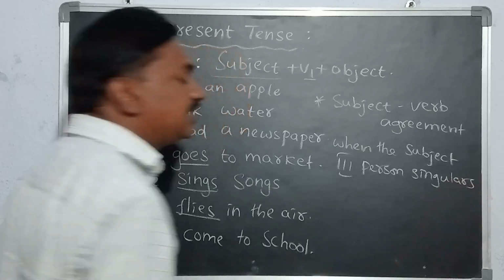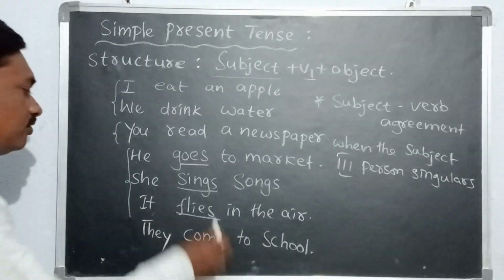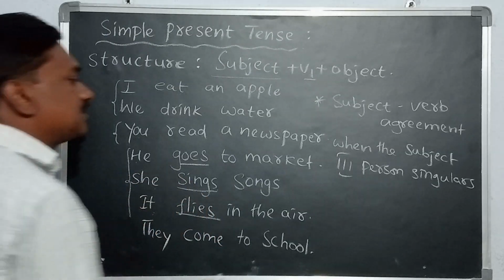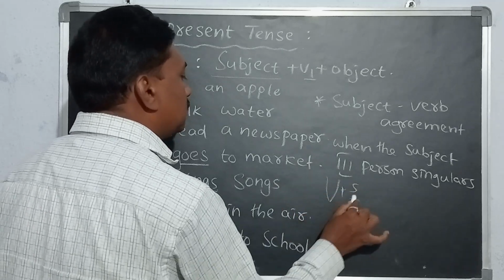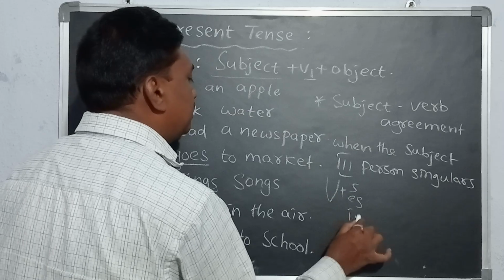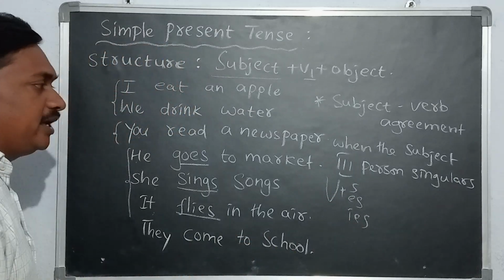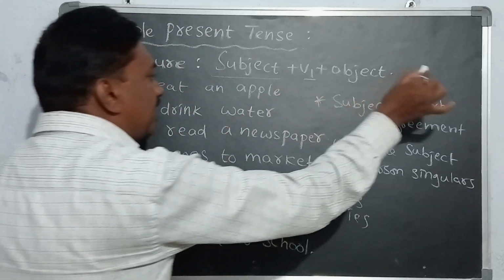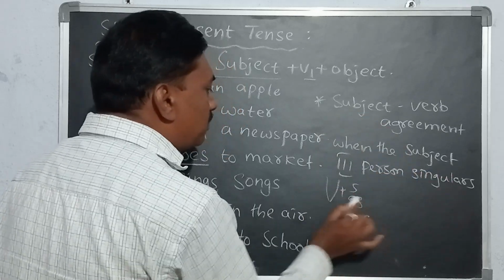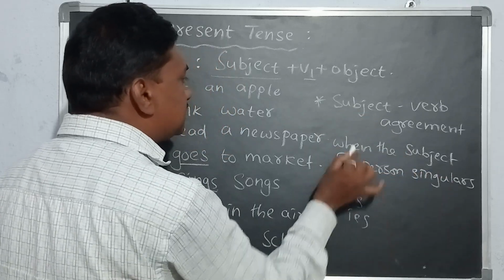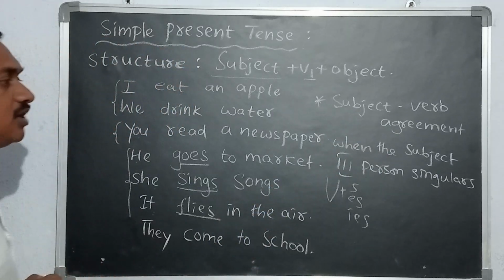What are third person singulars? He, she, it. So when the subject is third person singular, the verb is added with s, es and ies. This agreement is called subject and verb agreement.